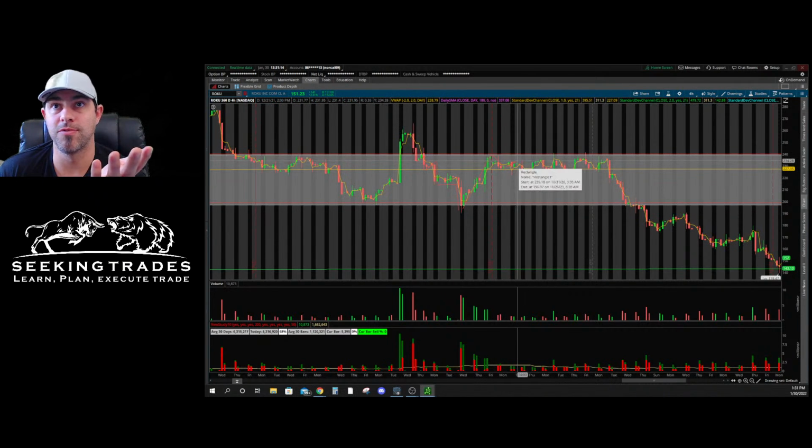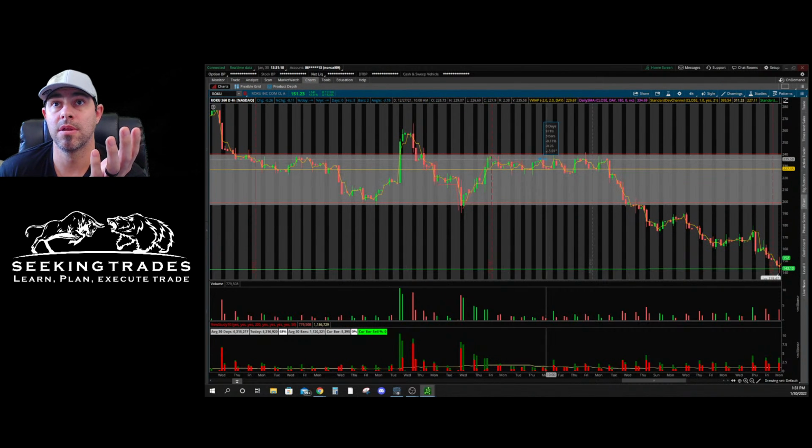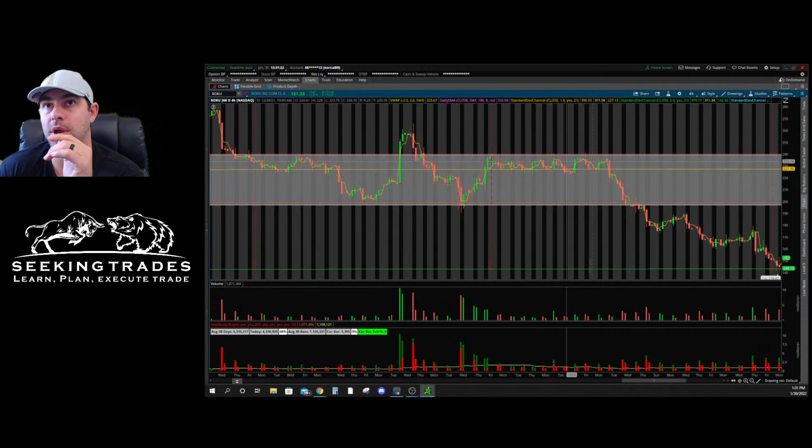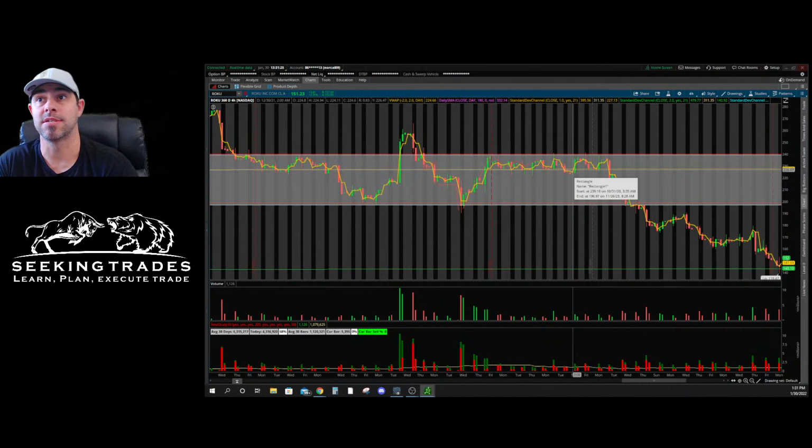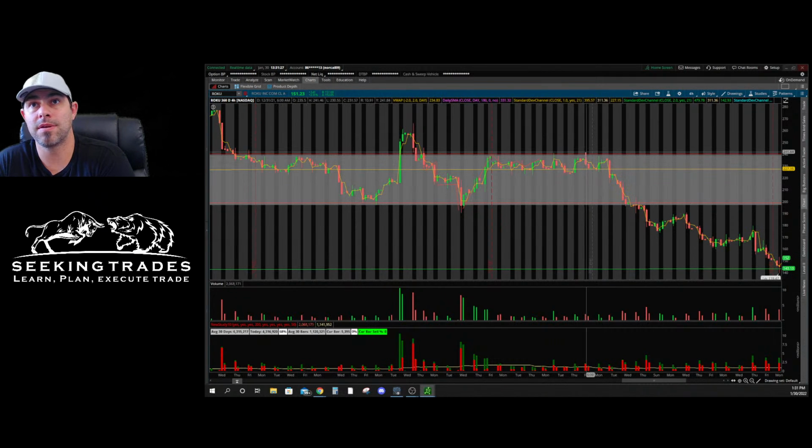You have to understand these are 4-hour candles, so it's not doing this in a matter of minutes. It chops around and trades sideways for days.